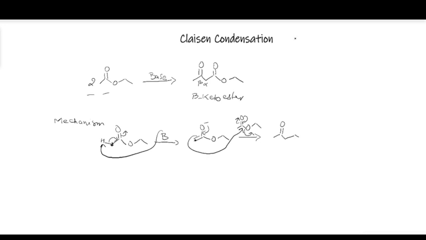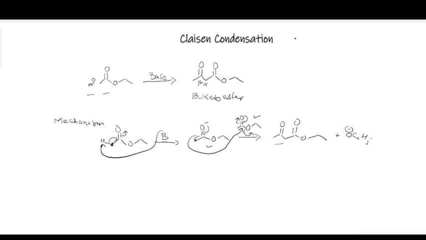The carbonyl from the enolate is restored again, and it is attached with this alkoxy group. So the ester is restored in this molecule, and the second ester that reacted with the enolate is converted into a ketone by the removal of this alkoxide, or ethoxide anion in this case.